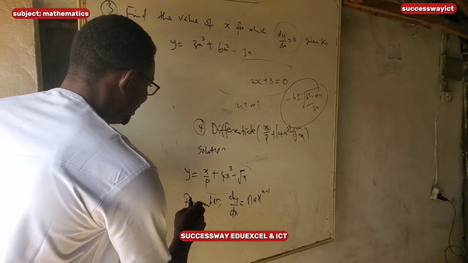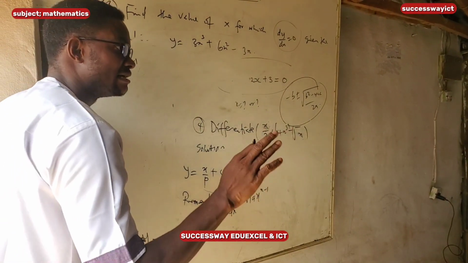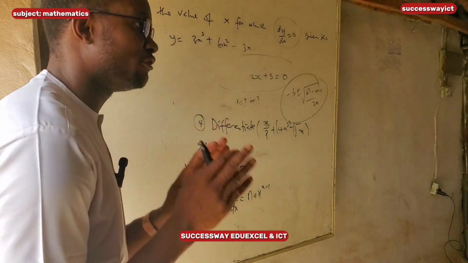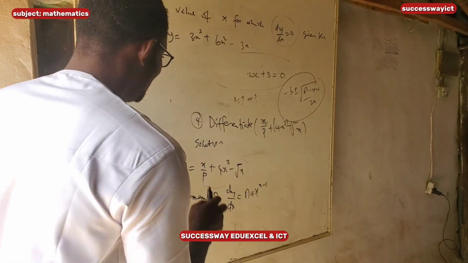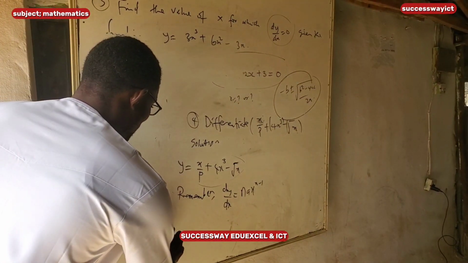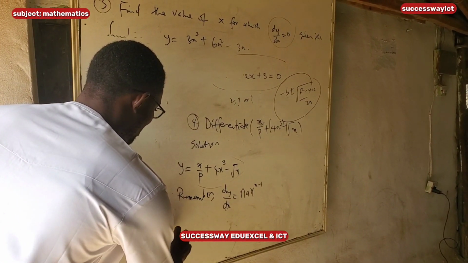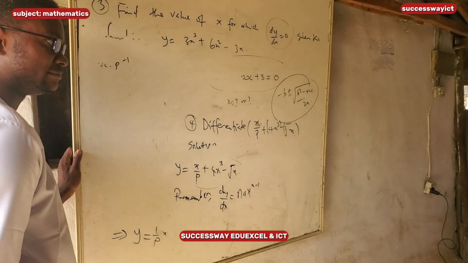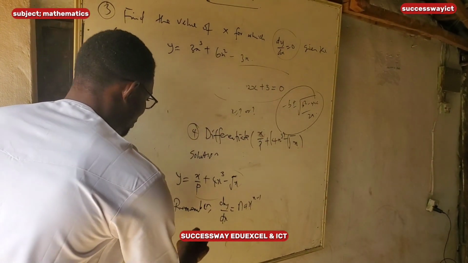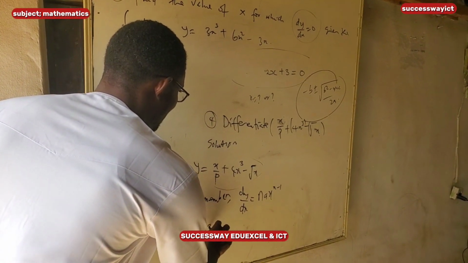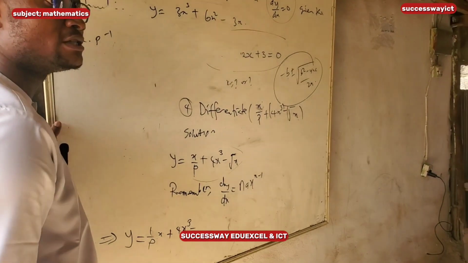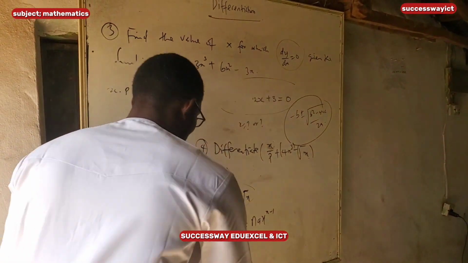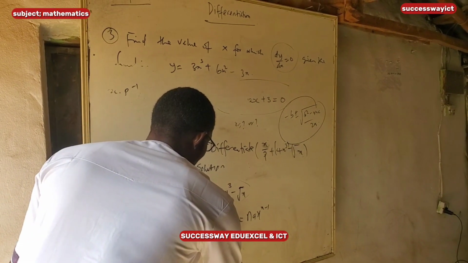Look up. The easiest way you do for yourself is to separate x from it first. So you have 1 over p multiplied by x plus 4x to the power 3 minus root of x, which is the same thing as x to the power 1 over 2.